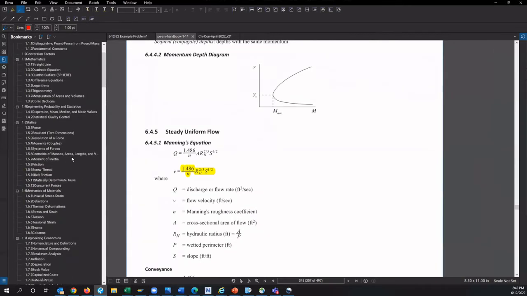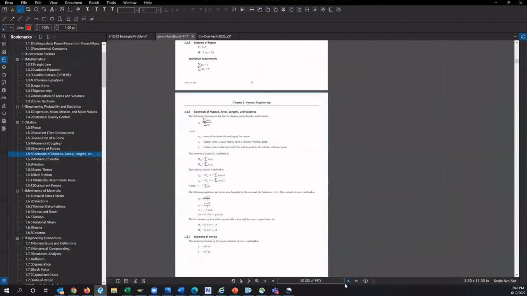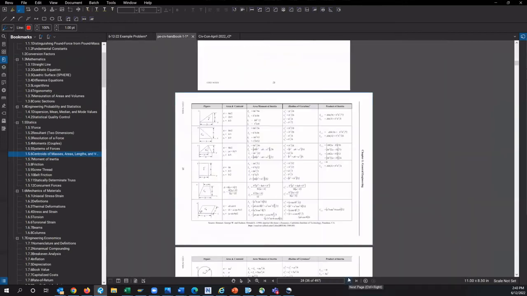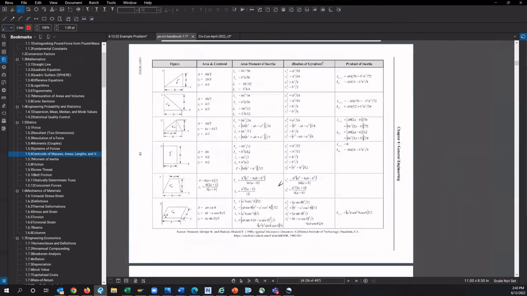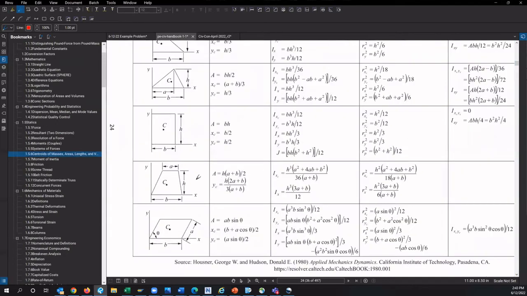If you are unfamiliar with the area of a shape, a good bet would be looking in the statics section. 1.5.6 gives you some good equations related to statics, but it also gives you a chart that you'll be using throughout the exam, and this chart has basic areas you can use. In this case, the area of a trapezoid is provided, so this is the one I'm going to use.